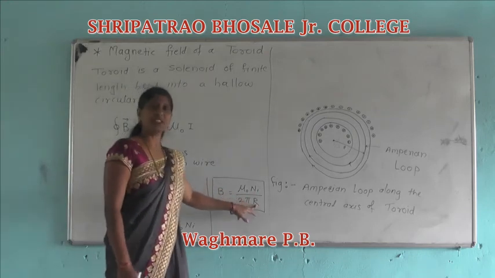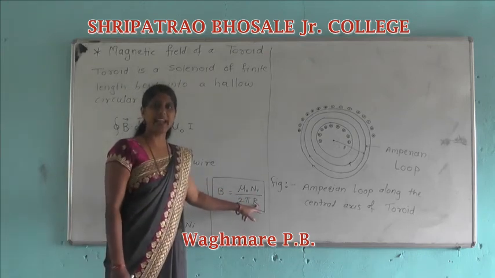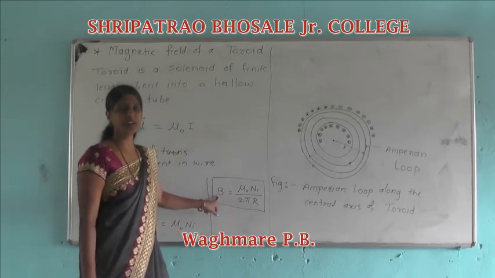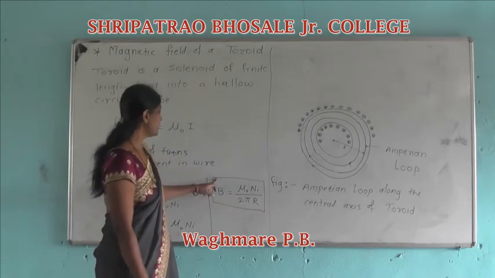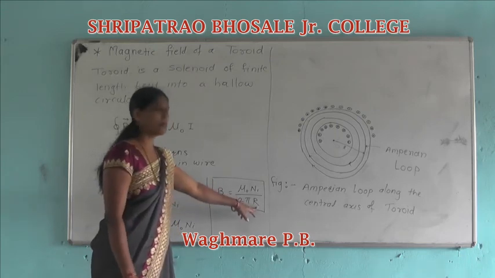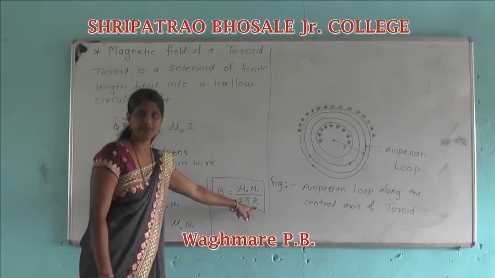From this equation, we can say that the magnetic field is not uniform inside the toroid. It is inversely proportional to r.